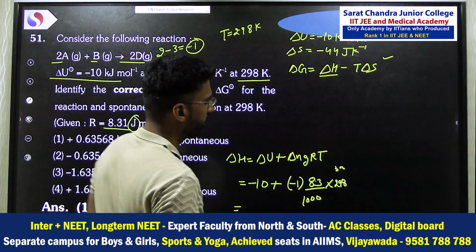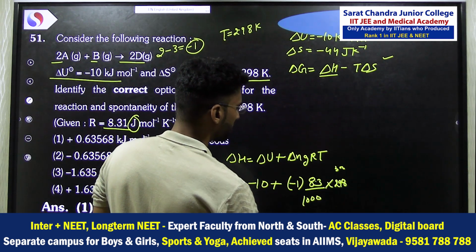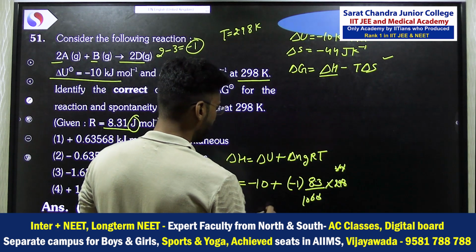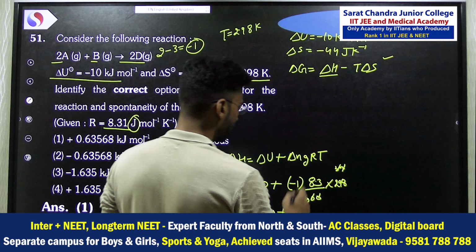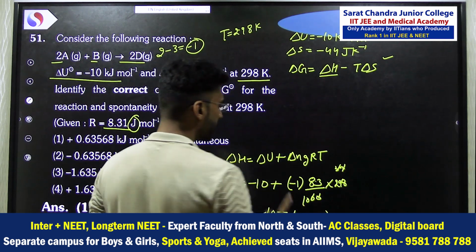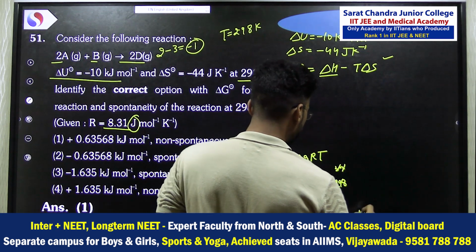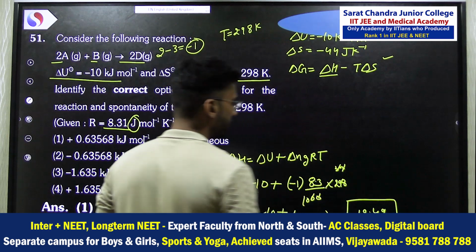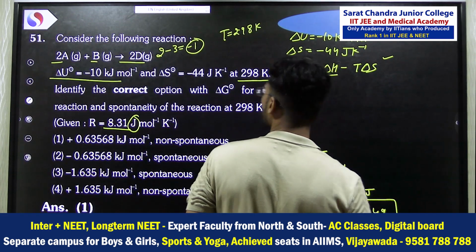So 8.3 into 300 equals 2490, divided by 1000 is 2.49. So minus 10, and this is a negative sign here, so minus 2.49 comes out to be minus 12.49. That is in kilojoules per mole.